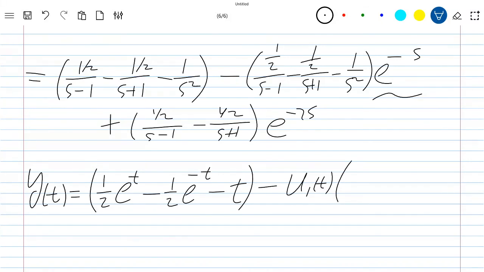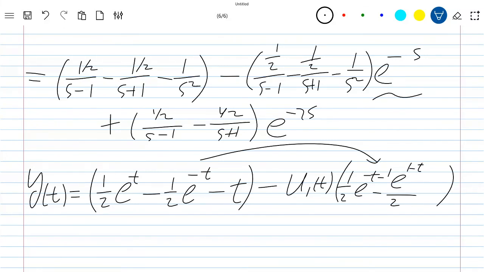Then, when you write down the thing inside, remember you have to replace t by t minus 1. It's t minus 1, minus 1 half e to the 1 minus t, and then minus t minus 1, like that.